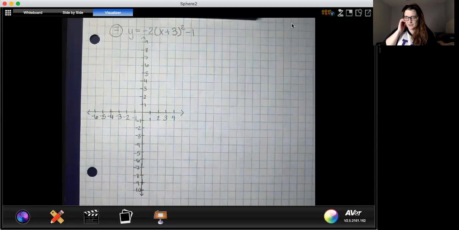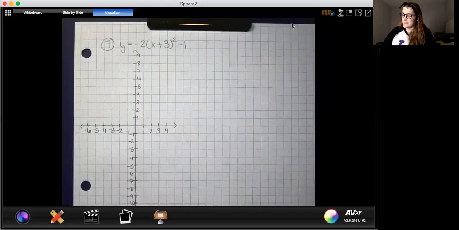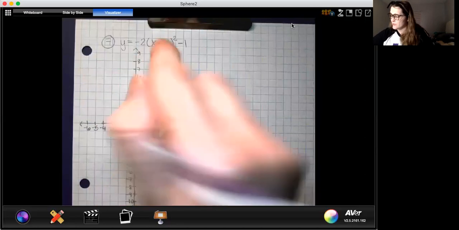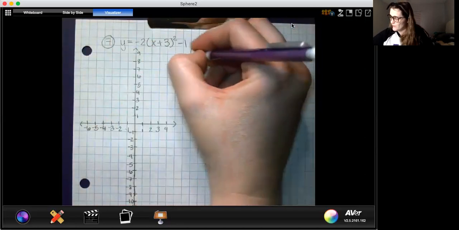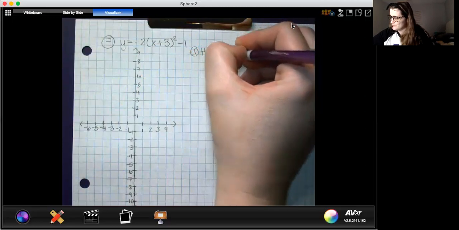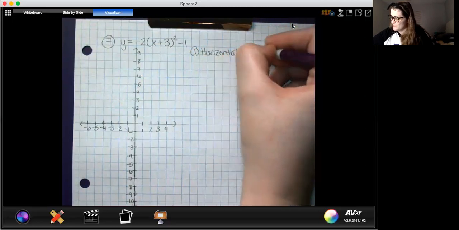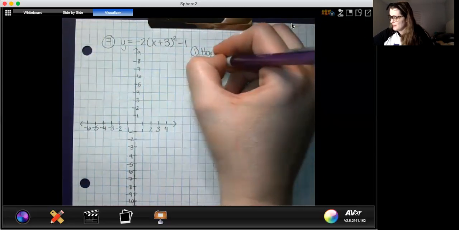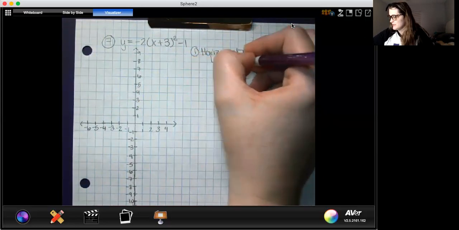So let's write down and talk about those transformations again. Now again, remember it does need to be in order. So first we start with left to right horizontal translation. And we said that was a horizontal translation to the left 3 units.